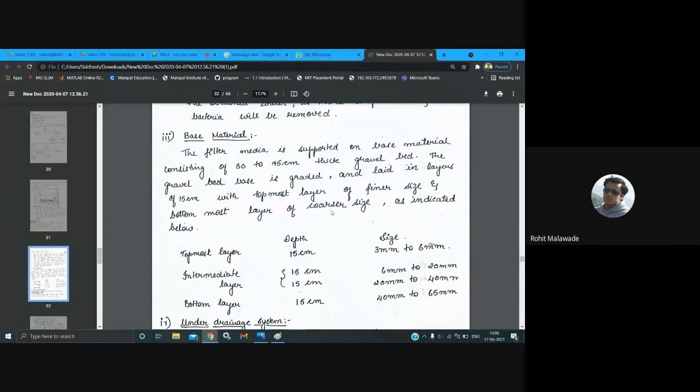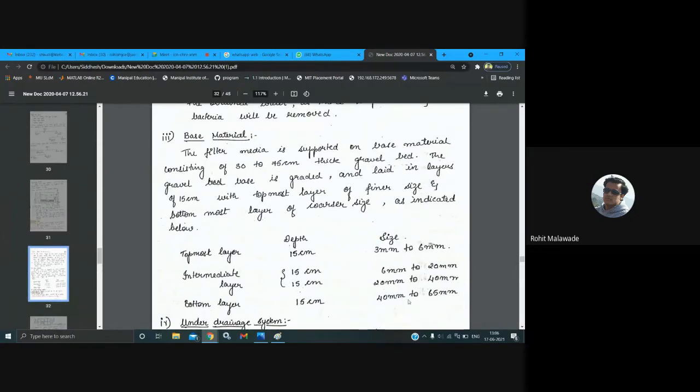The topmost 15 centimeter layer will be of the finer size of gravel, and the bottommost will have the coarser material. The topmost 15 centimeter will have a gravel size of around 3 mm to 6 mm. The intermediate layer will be around 6 to 40 mm, and the bottom layer will have gravel from 40 to 65 mm.